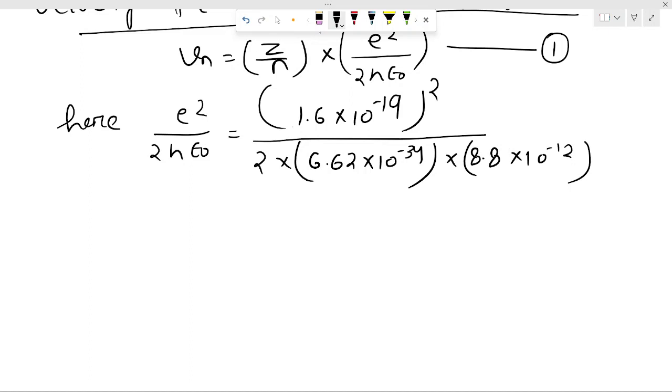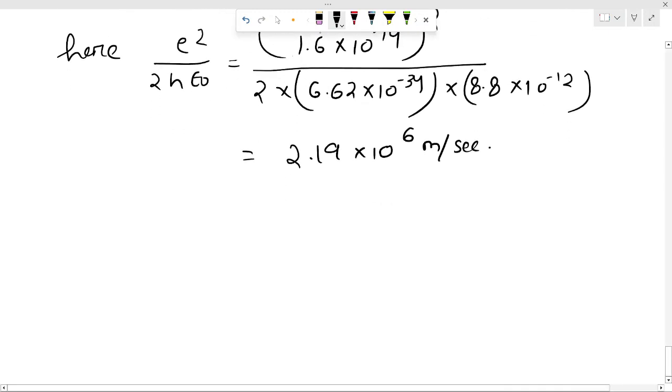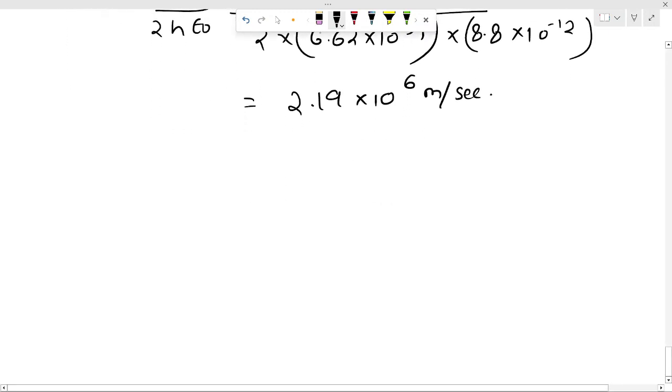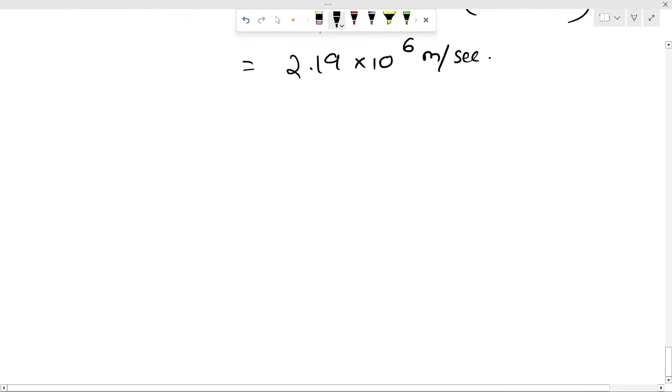By calculation, we get the value 2.19 into 10 to the power 6 meter per second. I have already calculated this, so I am writing this value directly.